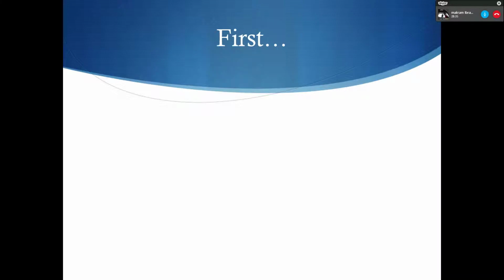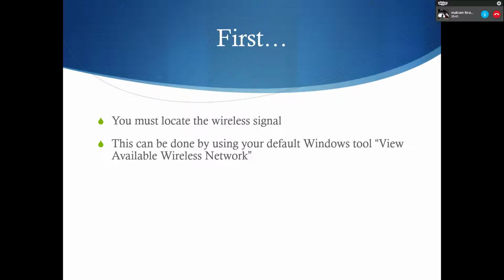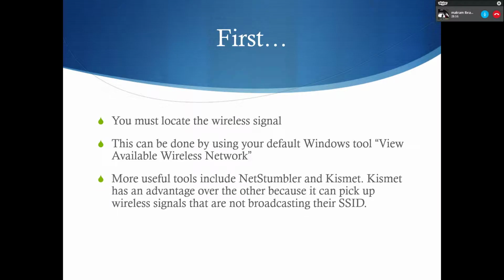So first of all, you must locate the wireless signal, and this can be done by using the default Windows tool. You have to view an available wireless network at least not farther than a mile, and it has to be strong. More useful tools include NetStumbler and Kismet.